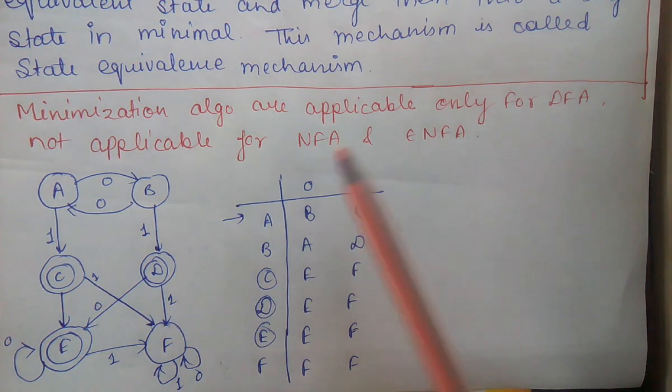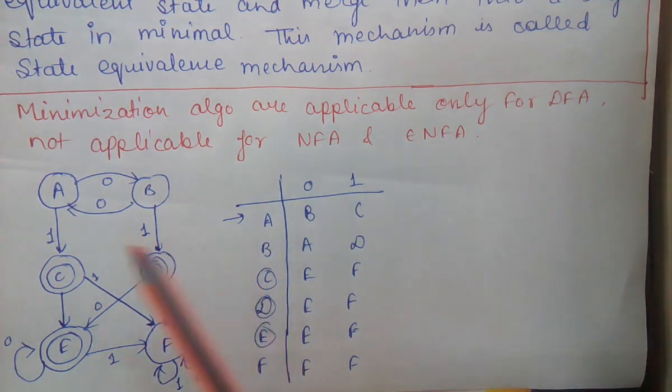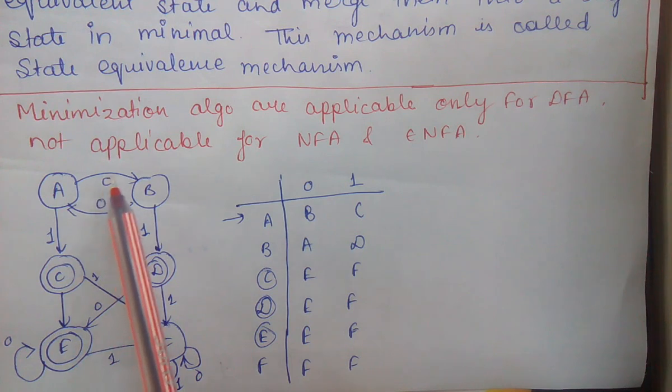Now how will we construct this table? We check where A reaches on input 0.